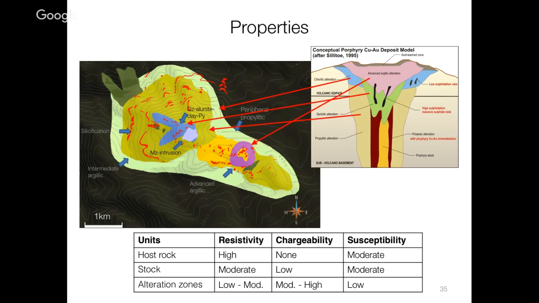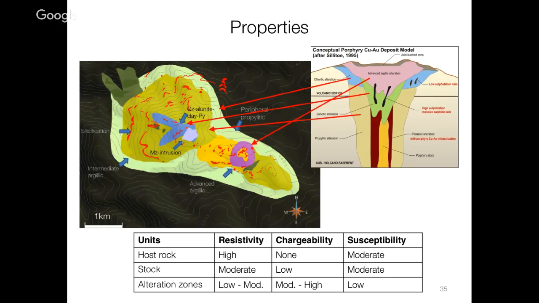So when we looked at this example of what Sillitoe's model was and the alteration products that were obtained, there were a number of correspondences with respect to what each of these units were. So it was actually felt that this was a pretty good representation of what's going on. And then we've got rock units. There's the host, there's the stock, there's the alterations.